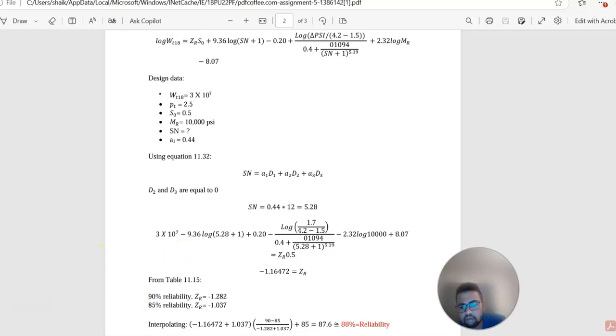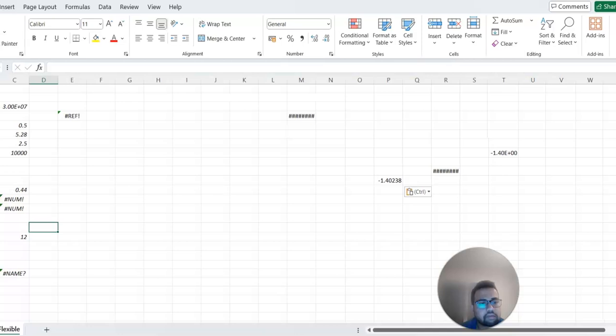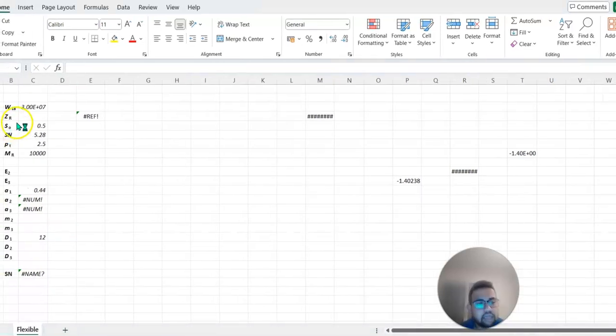Now we go to the Excel sheet over here, where I'm putting in the equation. This Excel sheet I have already created with formulas. So W18 is going to be 3 times 10 to the 7, S_o is going to be 0.5, and for SN I'm applying 5.28 over here, and P_t is 2.5, and M_R is going to be 10,000, and a1 is given in the question as 0.44, and D1 is going to be 12.